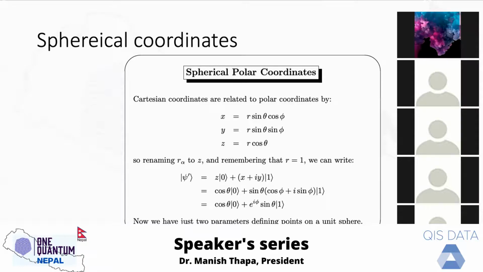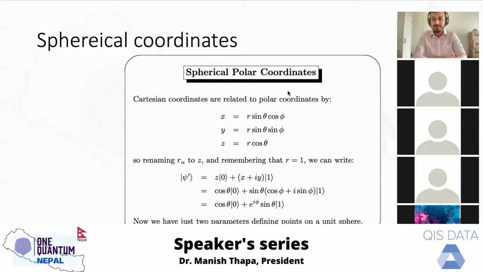What value of theta is going to give you just 0? What is cos 0? It's 1, right? And sine 0 is 0, right? So if theta is 0, you're going to get ground state 0, right?